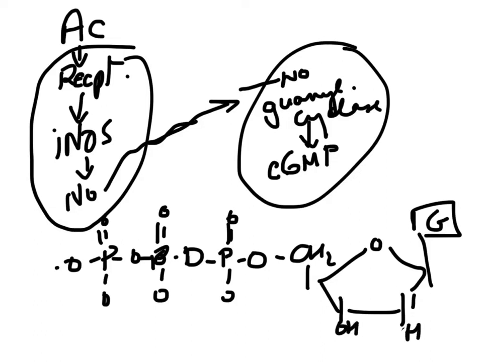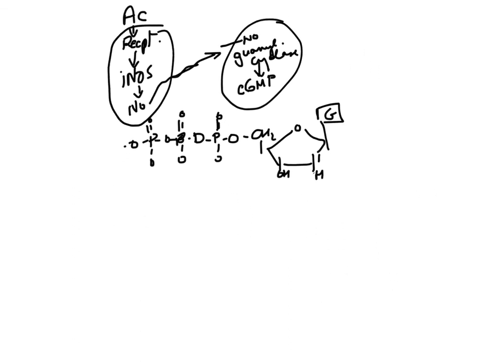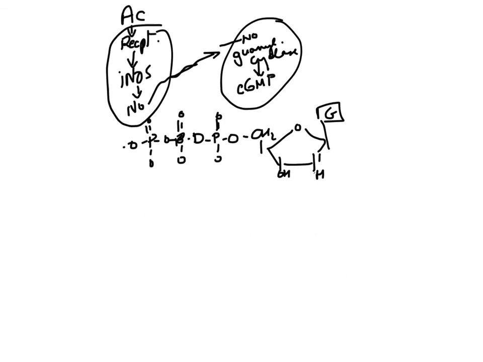So this guanylyl cyclase, all it does is it takes this particular nucleotide and converts it into a cyclic form, and it uses the energy associated with these bonds. What are these bonds? Those are the phosphoanhydride bonds. And what it ends up doing is you lose these guys.